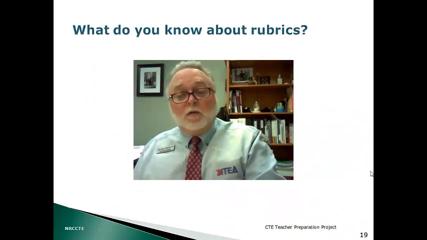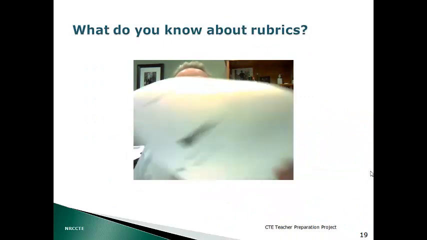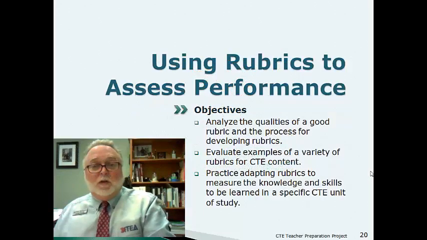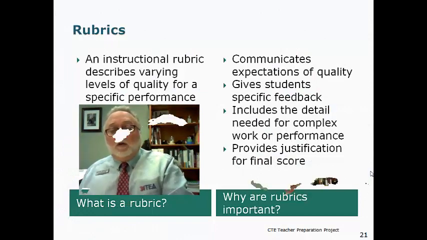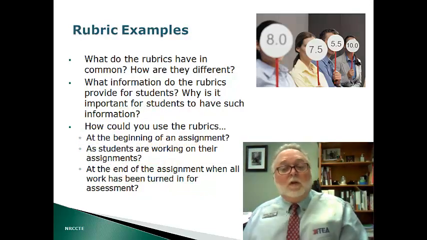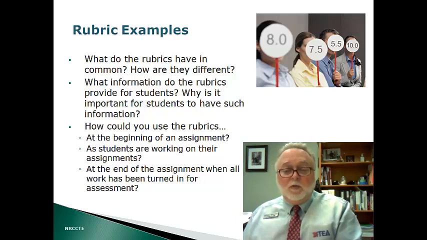And then we're going to go into rubrics, ask them the questions, see what they know first, and then jump into what rubrics are. And then we're going to give them some examples. Once again, in the participant guides, 20 through 23 are examples of rubrics.